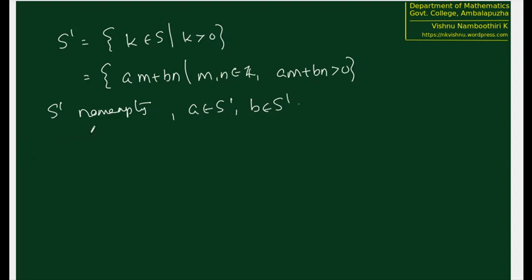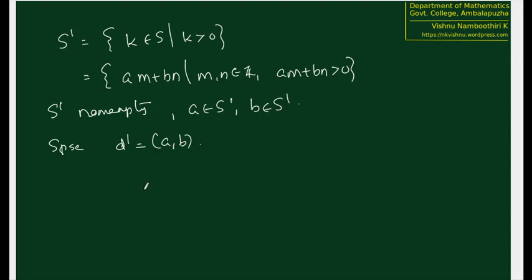Now suppose that D prime is the GCD of A and B. We need to show that D prime is an element of the form AM plus BN, with AM plus BN positive.